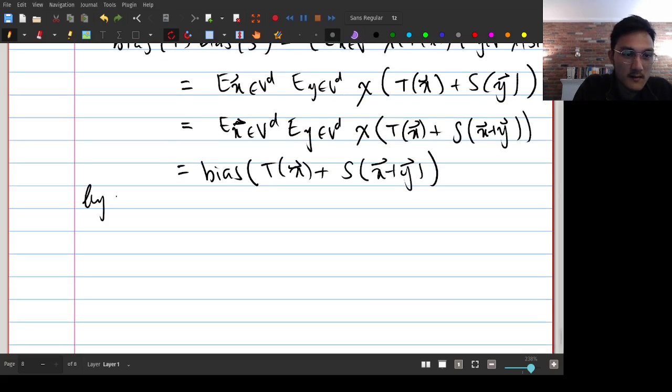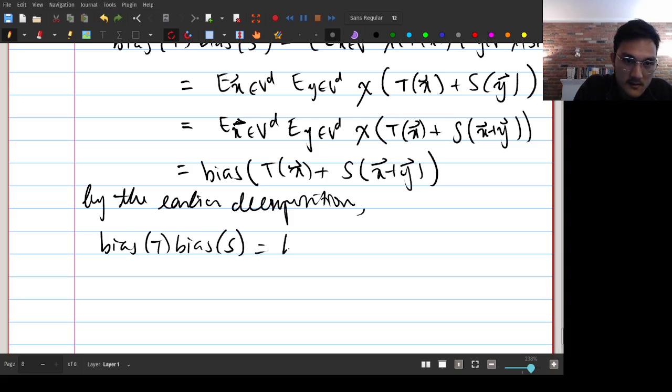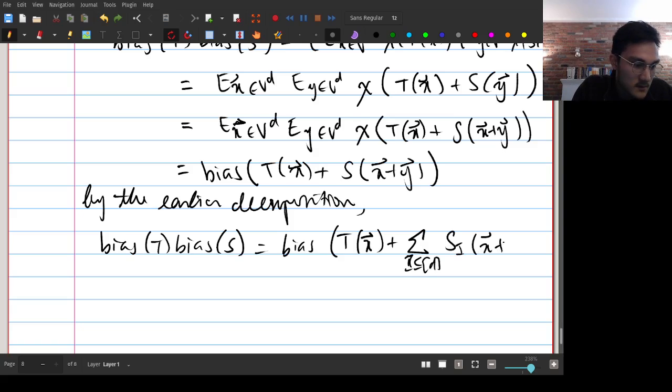So by the earlier decomposition, we have bias T times bias S is equal to the bias of T of x plus this sum over I subset of D of S_I of x, y. This is now the notation we established earlier.